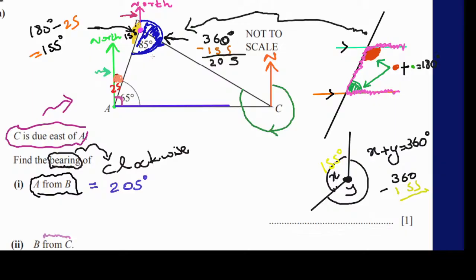So if this is 85 and this is 65, 85 and 65 makes 150. Then what should this angle be? This angle here is 30 degrees. Why? Because when we add the three interior angles, the answer has to be 180 degrees. So 85 and 65 makes 150, so this black angle here should be 30 degrees.